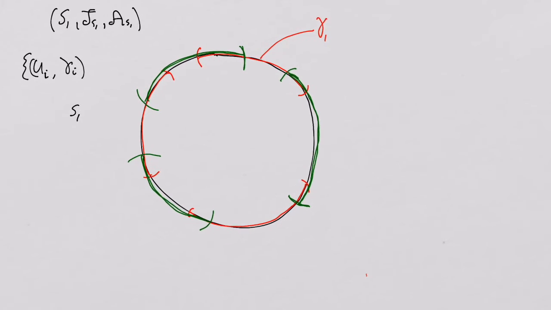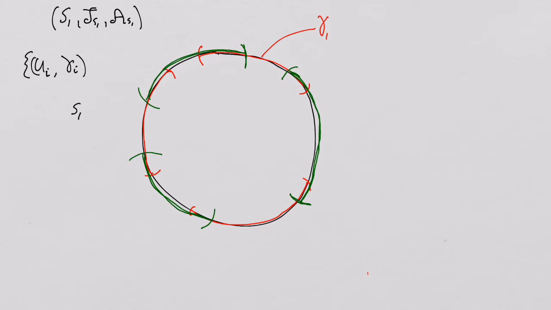And one thing I'd like to do is let's characterize every point in S1 by an angle, say theta. So every point in S1 has an angle theta, and we'll call this point here theta equals 0.